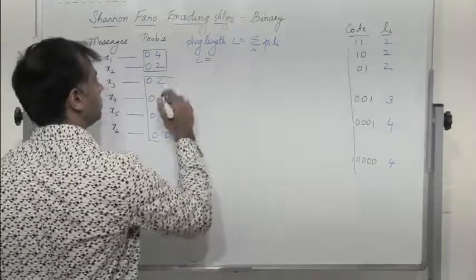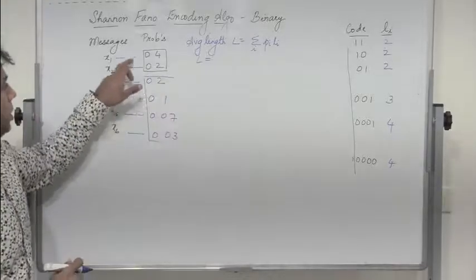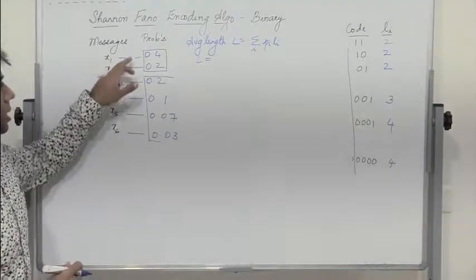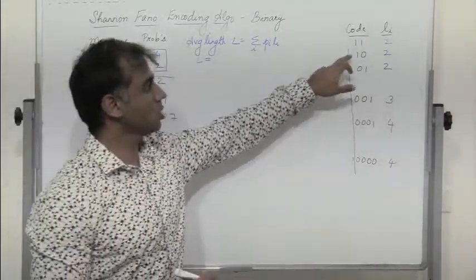L is 0.4 into 2. So the first message has a probability 0.4 and has a code length 2.